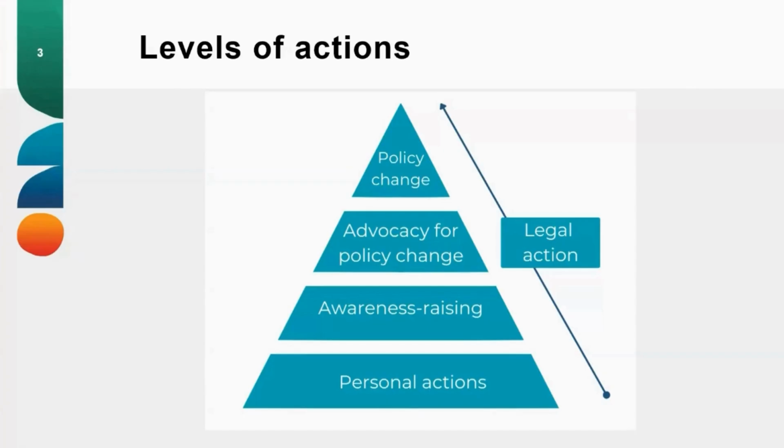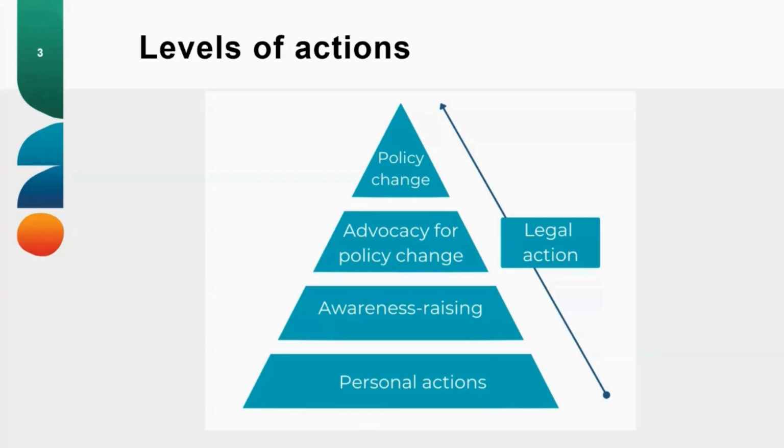This includes identifying existing issues and speaking up for positive change in government, in your community, and your workplace. Policy change within organizations appears at the top of this pyramid. This involves implementing changes in policies, practices, and behaviors within your organization, within your community, and within your workplace.